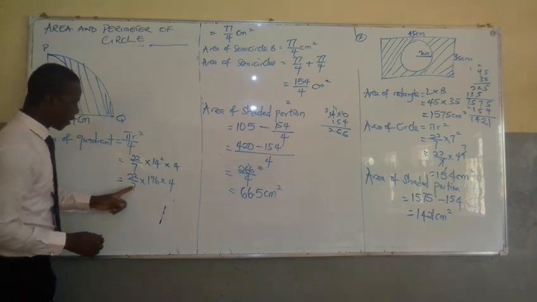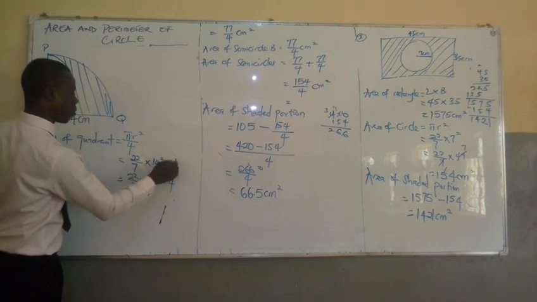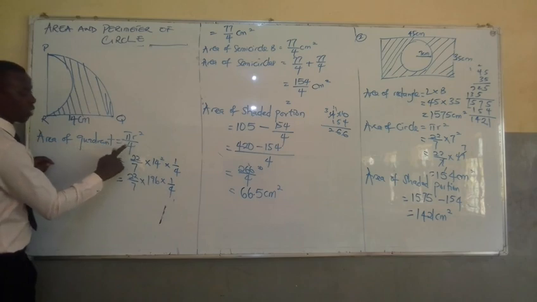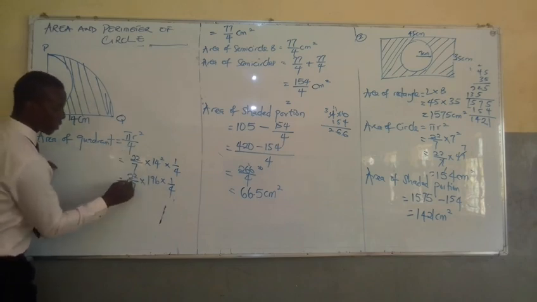That's 22 over 7 times 196 times 1 over 4. So looking at this, can 7 go into, sorry, I think this should be 1 over 4. So this is 7.